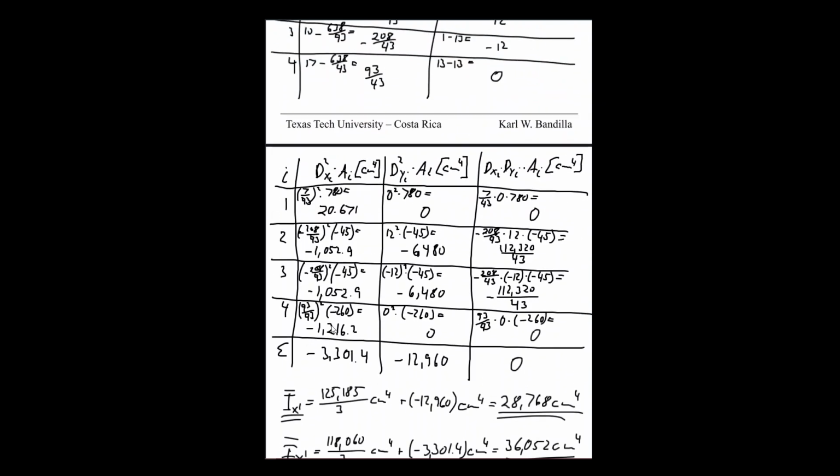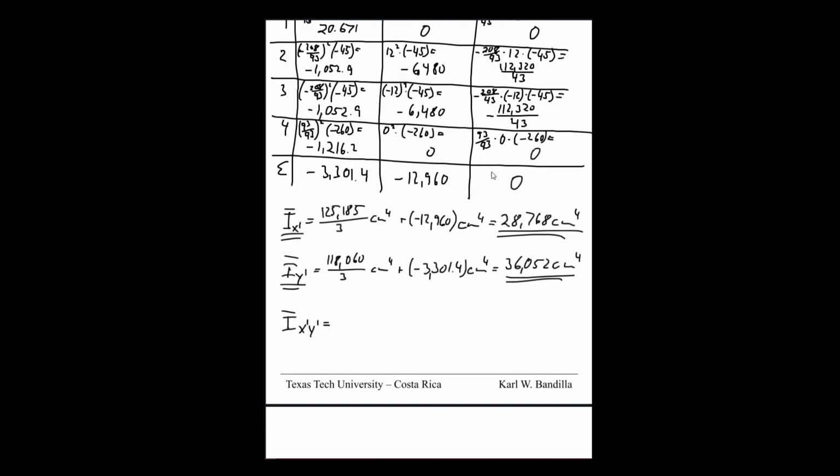And then the product of inertia, Ix prime y prime bar, 0 here, 0 centimeters to the fourth, plus 0 for this one. That's easy math to do.